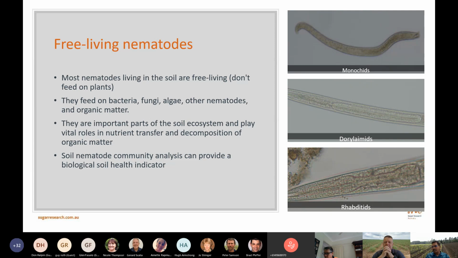They feed on bacteria, fungi, algae, other nematodes and organic matter. In doing so, they are an important part of the soil ecosystem, and they play vital roles in nutrient transformation and decomposition of organic matter.